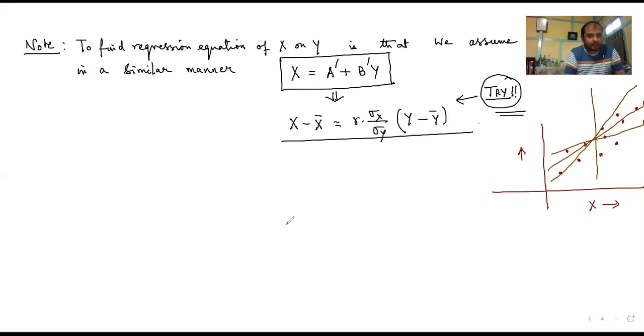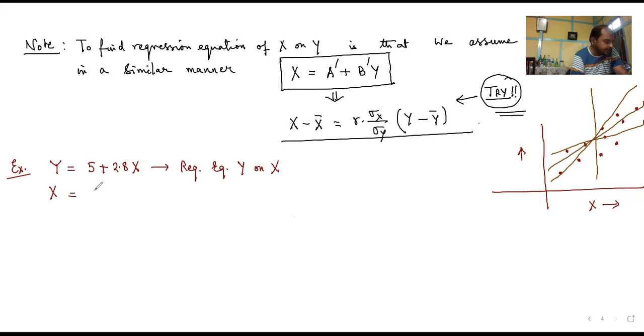Here is a quick problem for you. Two regression equations are given. y equals 5 plus 2.8 into x. They are saying that this is the regression equation of y on x. Another regression equation is given, which they are claiming has the form x equal to 3 minus 0.5 into y.